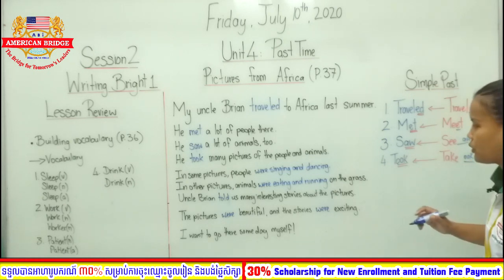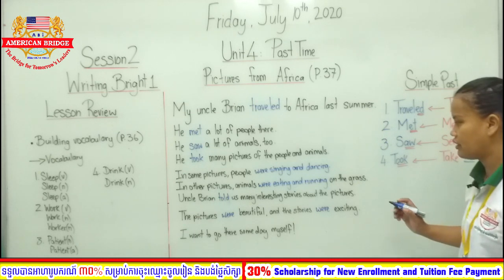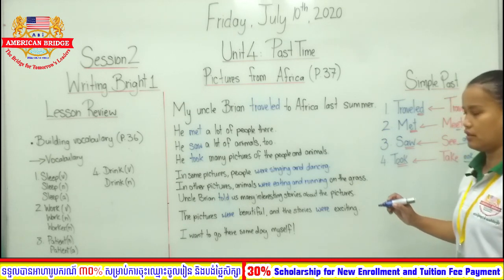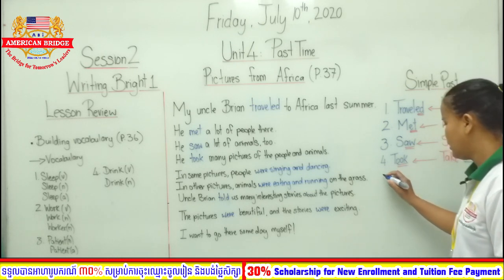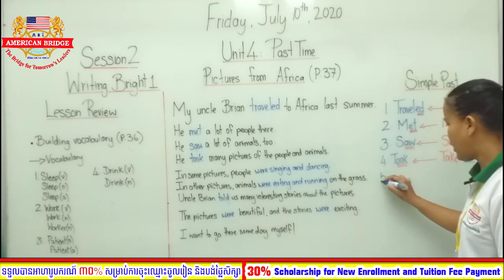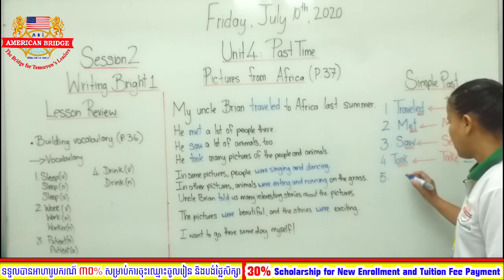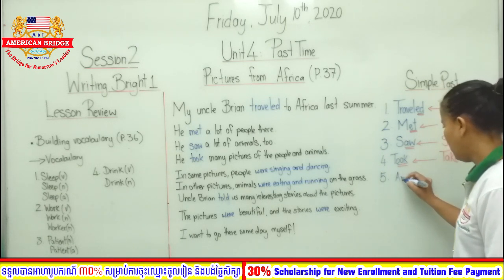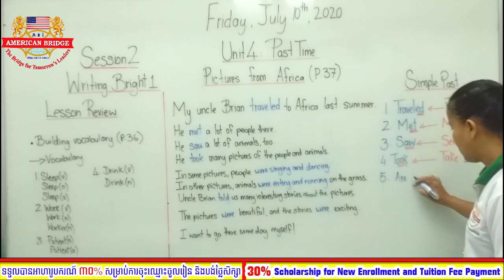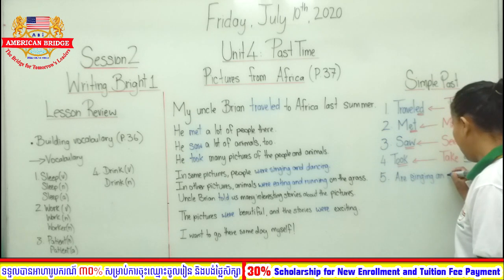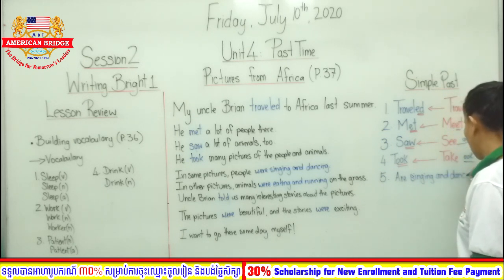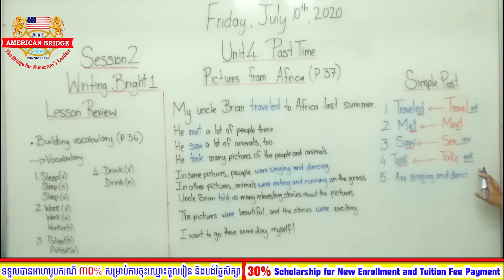Number 5, was singing and dancing. Are singing and dancing, okay? Number 5, because it's too long. Are singing and dancing becomes people sing and dance, okay? Singing and dancing.